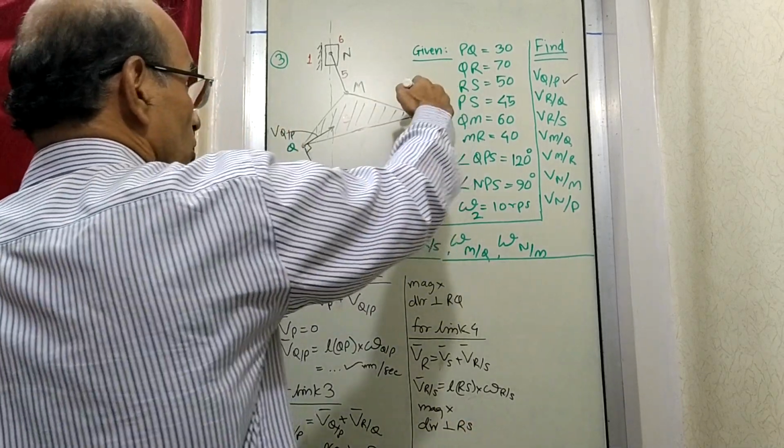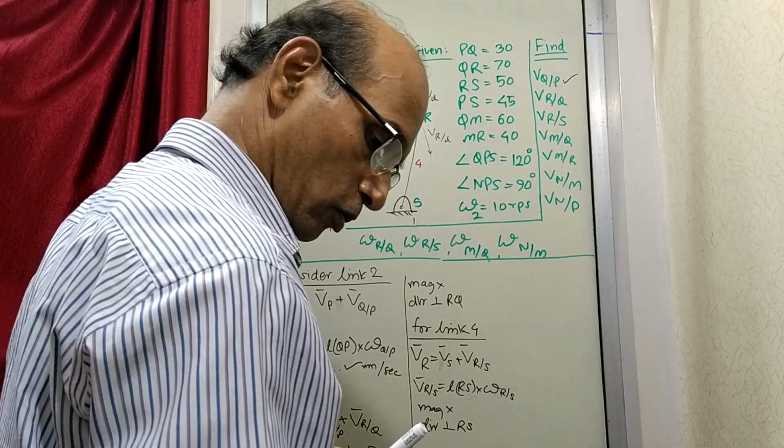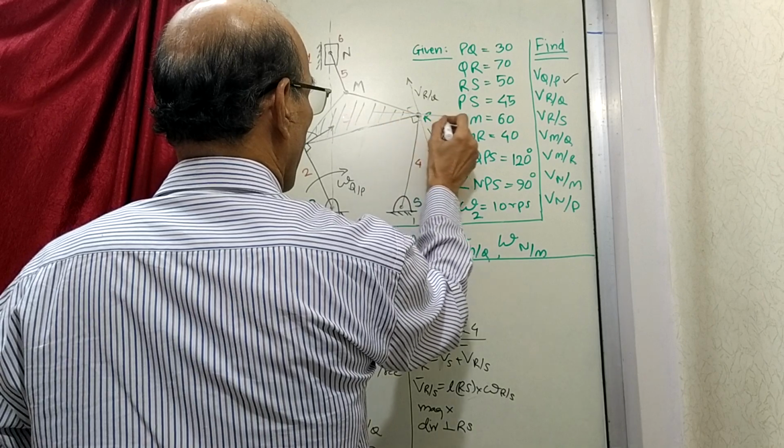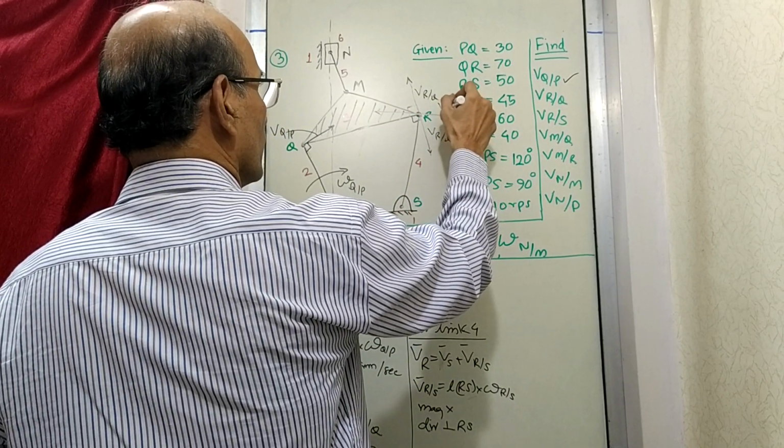So we draw a line here like this. On this line, velocity of R with respect to S will be there.